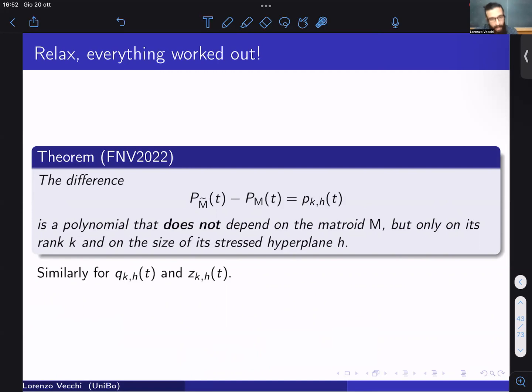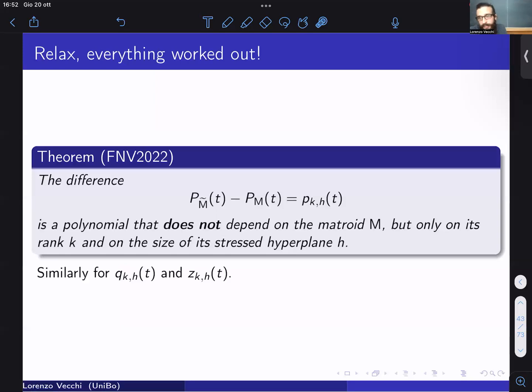So how are the Kazhdan-Lusztig polynomials changed under relaxation? We prove a theorem that tells us that if I want to compute the Kazhdan-Lusztig polynomial of the relaxation, I can start with the Kazhdan-Lusztig polynomial of the original matroid, and then I need to add a correction term that is a polynomial.